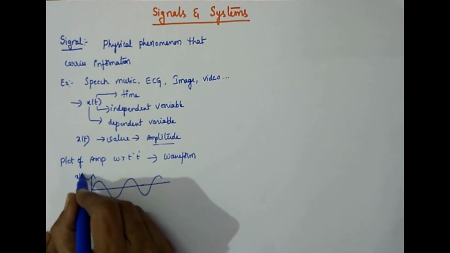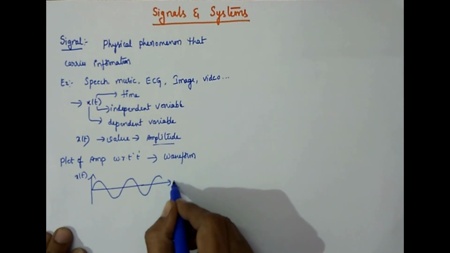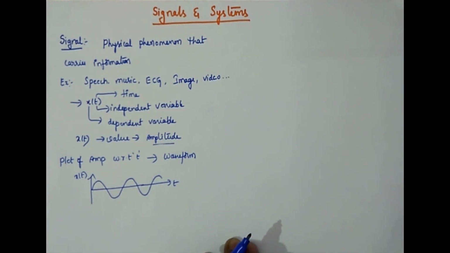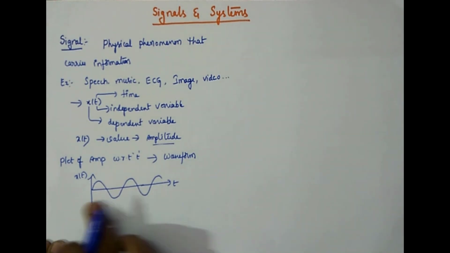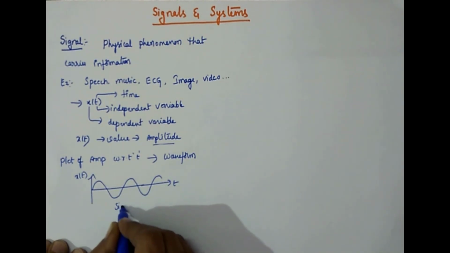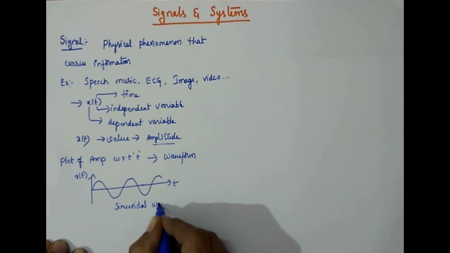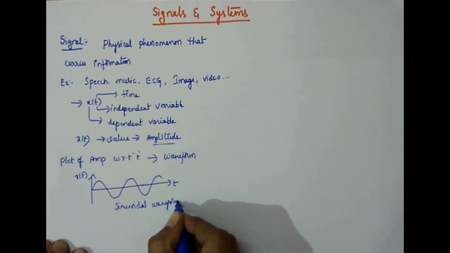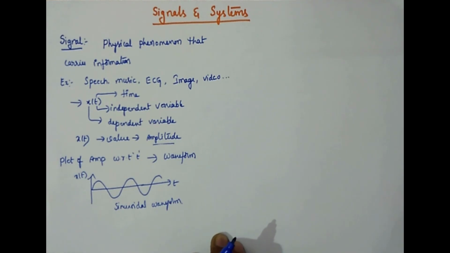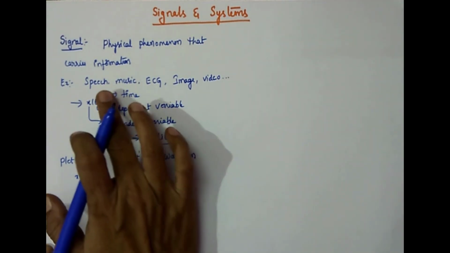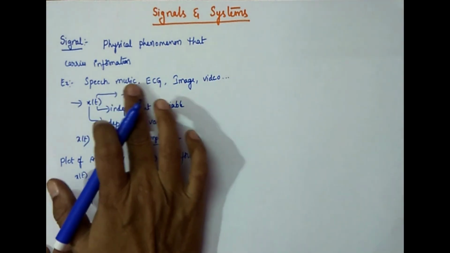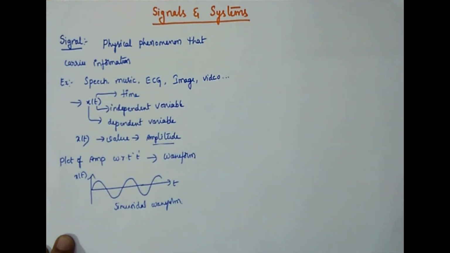Here it is represented by x of t, and this axis is t. This is called a sinusoidal waveform. In the same way, speech, music, ECG, image and video all have shapes.